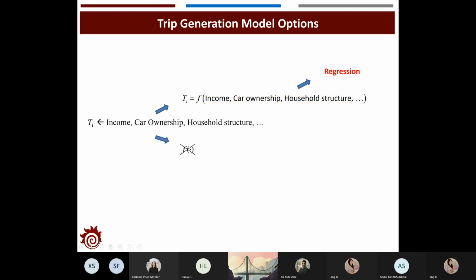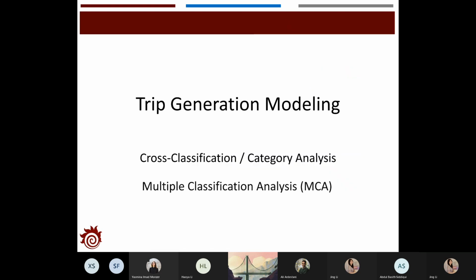Or if we don't have any specific closed form expression about this relationship, then we can go to two simple models. One is the cross classification or the category analysis method. The other one is the multi-classification analysis, MCA. For the lecture today, we will start with the simple one, the CCA and MCA. So let's first check the CCA method, cross classification analysis.